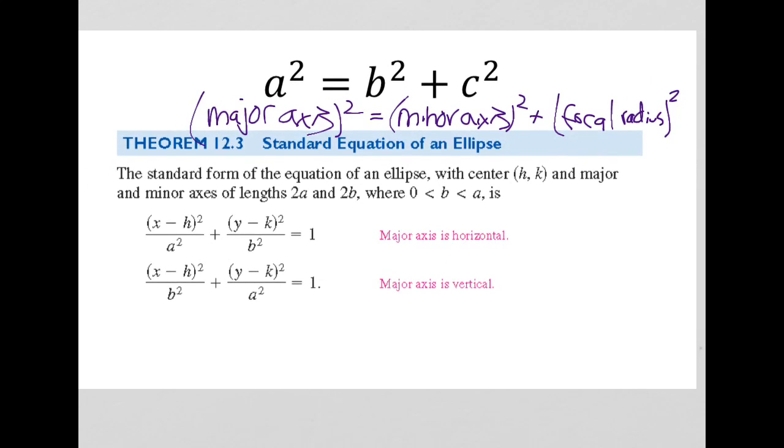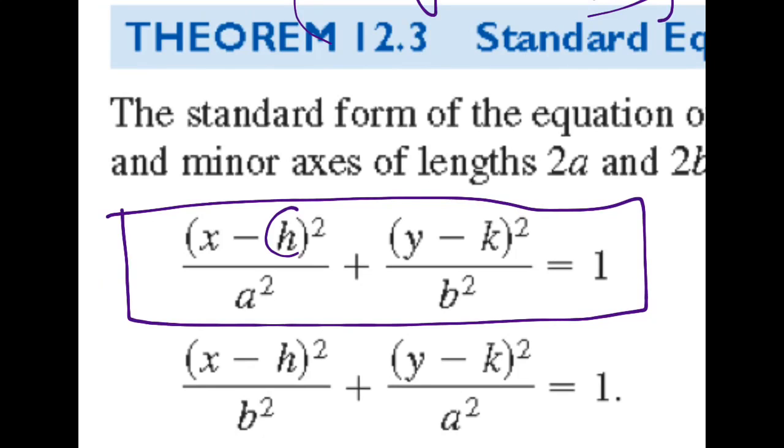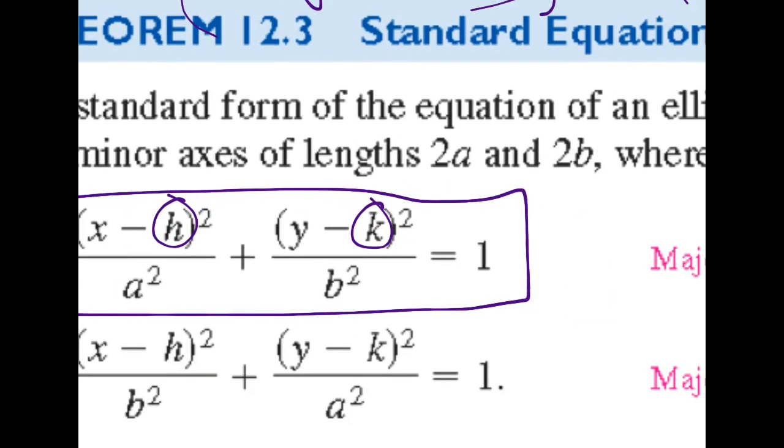And that helps us when we are looking at the equation of an ellipse, because the equation of an ellipse does not have a C value in it. So sometimes you'll know the focal radius and a minor axis, and you'll need to do a little algebra to solve for the length of the major axis. Because if you look at this equation right here, H and K are the coordinates of the center, just like the vertex of a parabola.